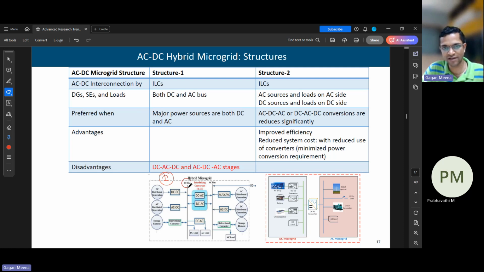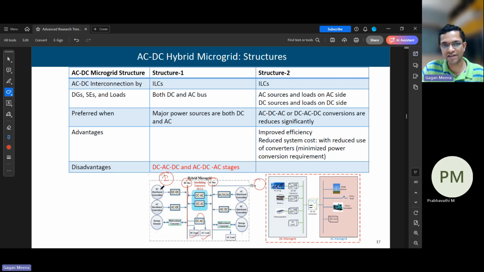We have a DC bus here, an AC bus here, and this is the main grid. On this DC bus, there are DC loads as well as AC loads. DC load can be directly fed, but for AC load, we need to convert DC into AC. Then we have both types of sources also, DC sources and AC sources.